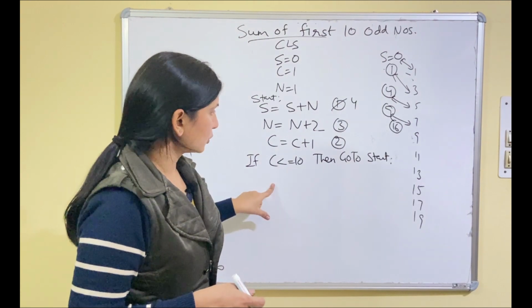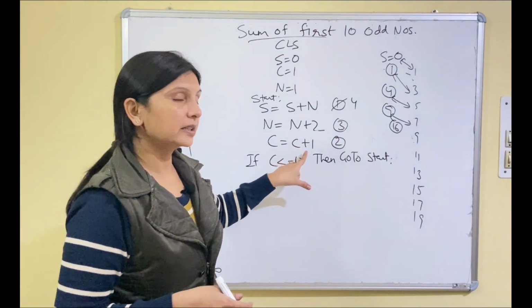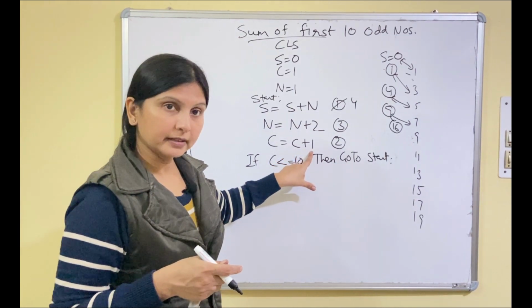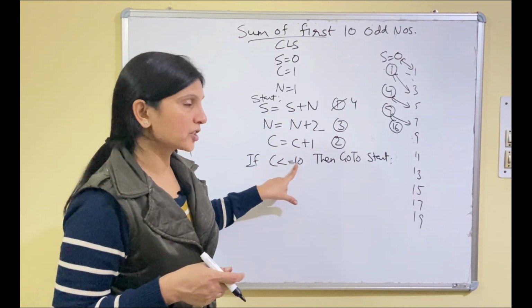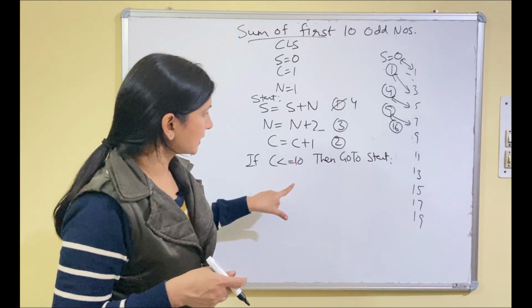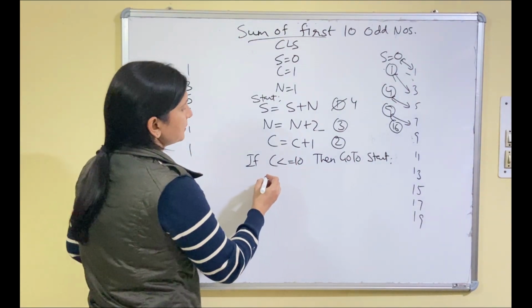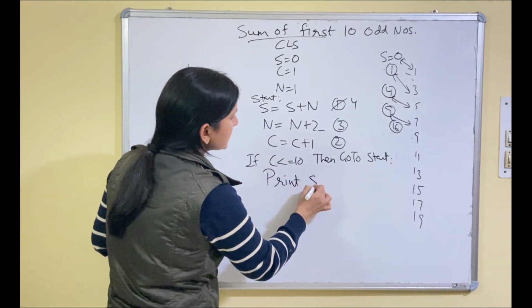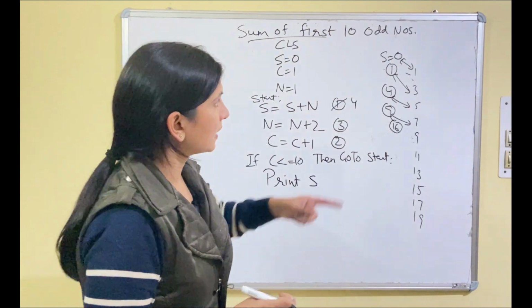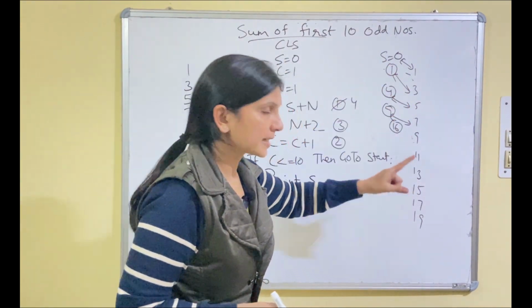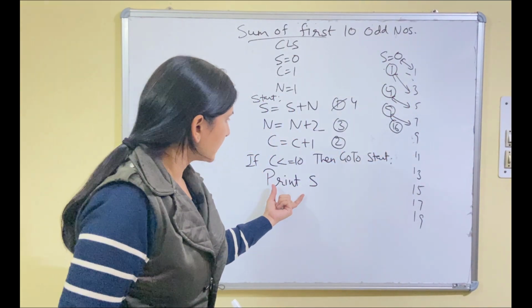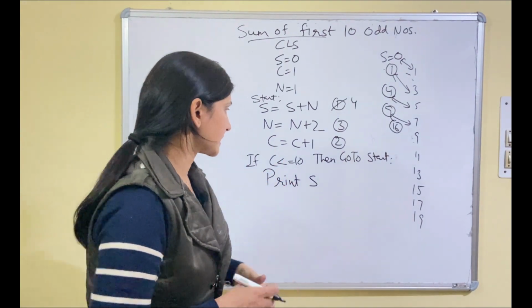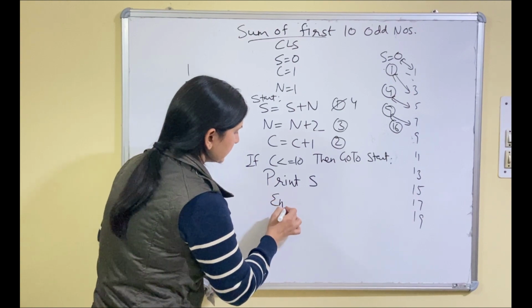And after the counter will become 11, it will come out, because the condition will be false. In that case it will come out and then the sum will be displayed. Print S, because we need to display the total sum. After adding all first 10 odd numbers, at the last we will display sum. So print S and then end.